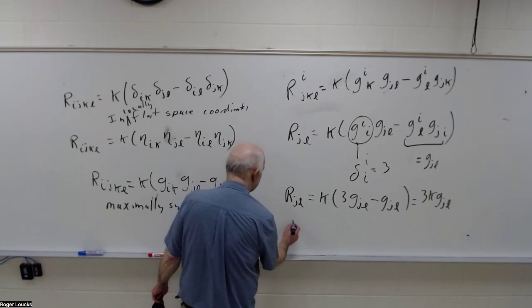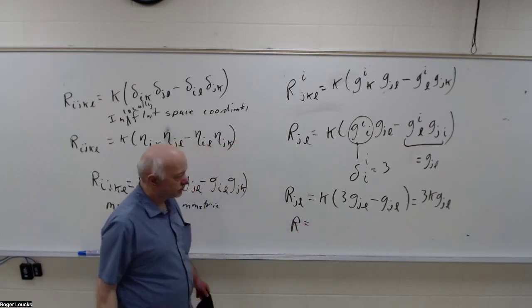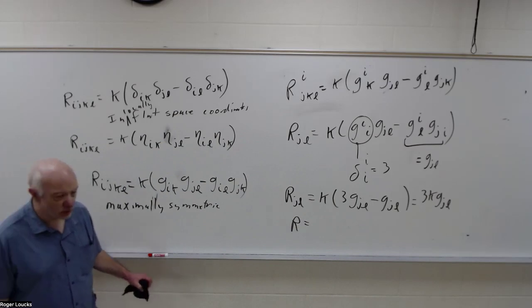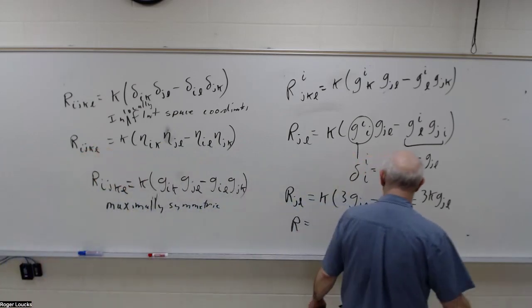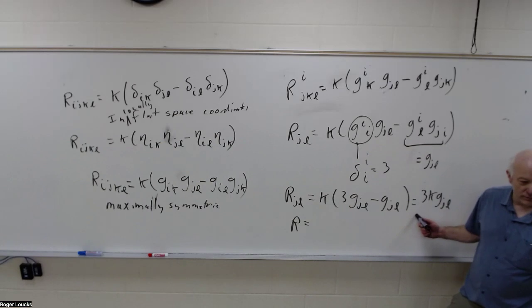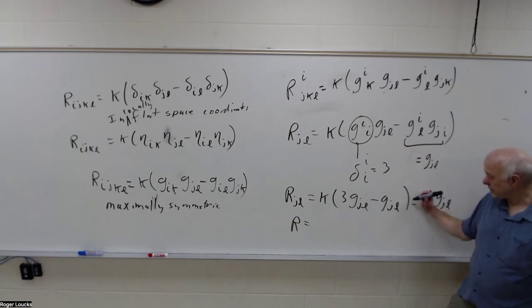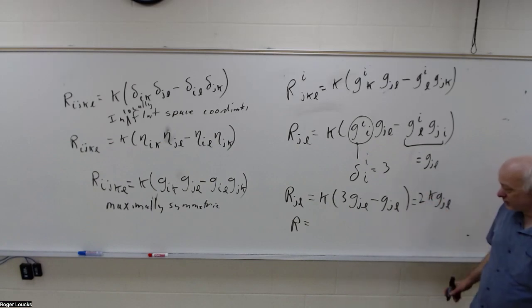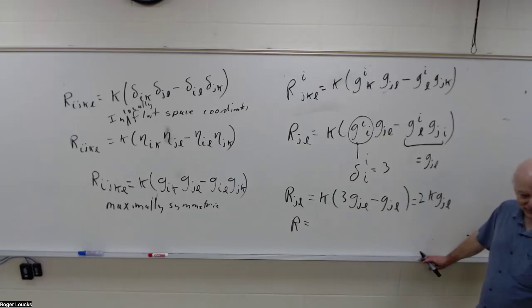What would R be? Have a problem with this one here? I think maybe is a little something. Yeah. So what is R? Close. 6K.